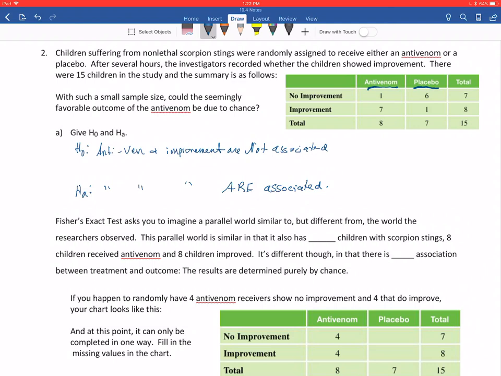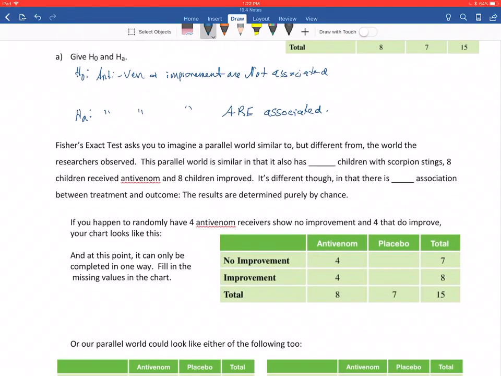Here's a little bit of background on what Fisher's test does, and you'll see quickly why this becomes very complicated. Fisher's test imagines a parallel world similar to but different from the world in which the researchers were observing. It would be similar because it would also have the same overall total of 15 children with scorpion stings, 8 would receive the antivenom, and 8 would improve.